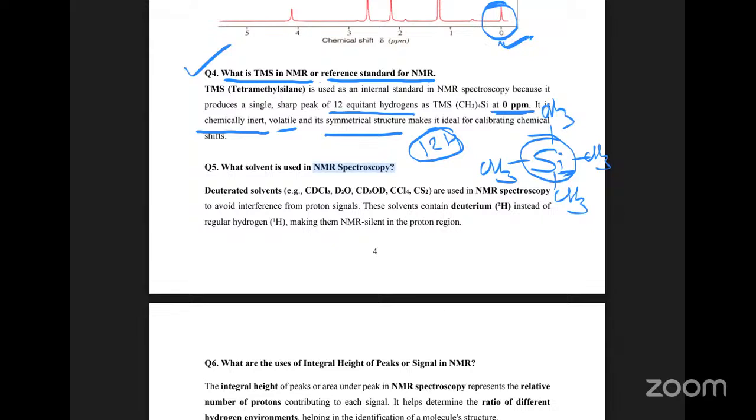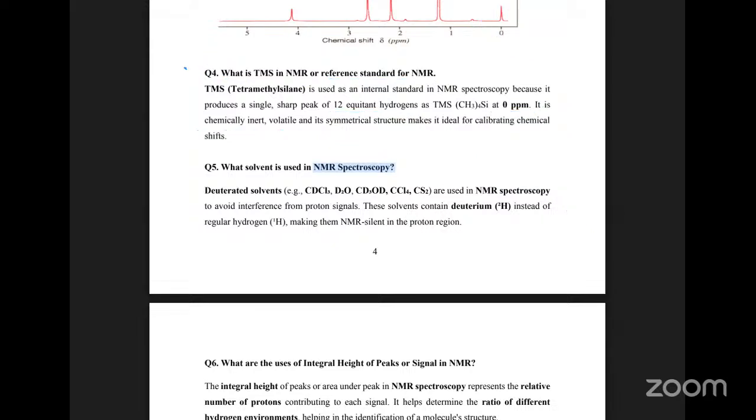Now another question frequently asked in NMR spectroscopy: what is a solvent in NMR? What solvent do we use? We do not use a protonated solvent. Take the example of ethanol. We cannot use ethanol as a solvent. Why don't we use ethanol as a solvent? The reason is that the protons of ethanol will interfere in the study of the compound you are targeting for your interpretation.